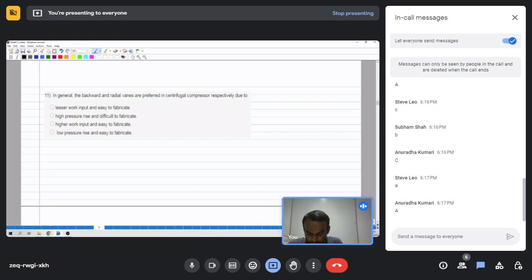Yeah, option A. Backward vanes have less work input, but radial vanes are easy to fabricate.